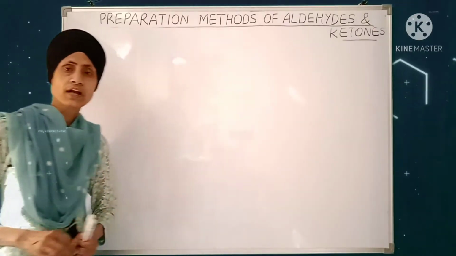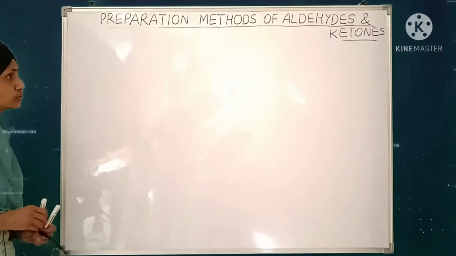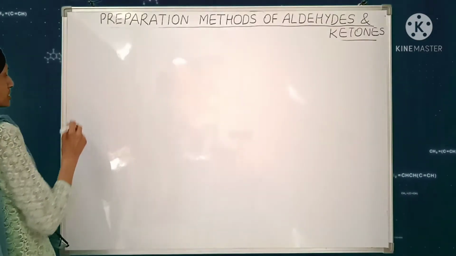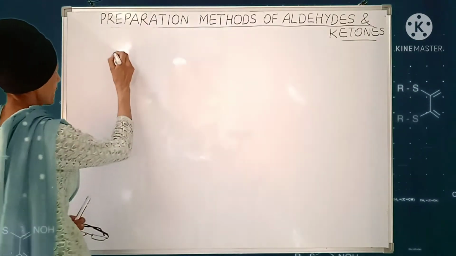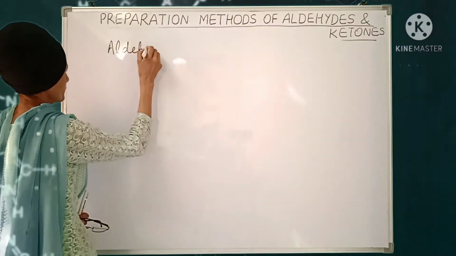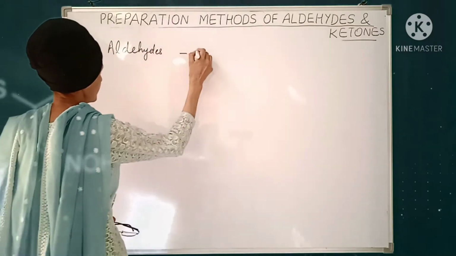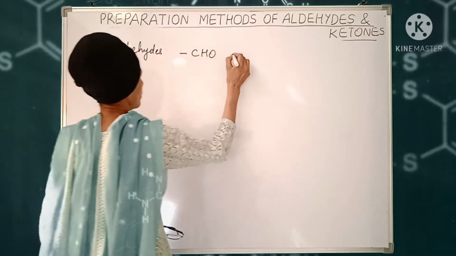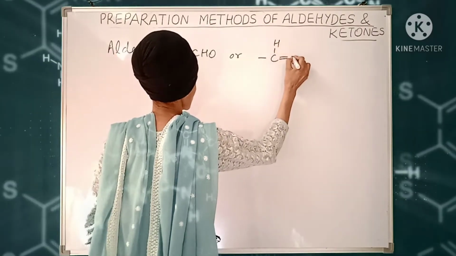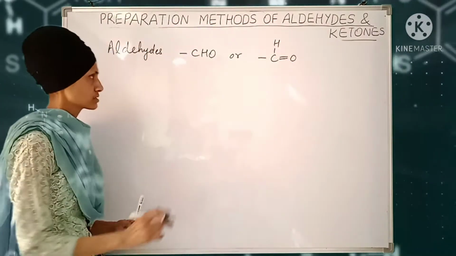First of all, I would like to introduce you to the functional group present in aldehydes and ketones. In aldehydes, the functional group present is CHO, or it can also be written like this: single bond with hydrogen, double bond with the oxygen.